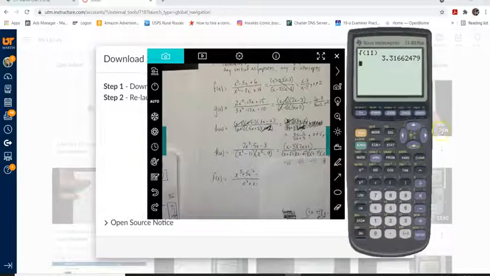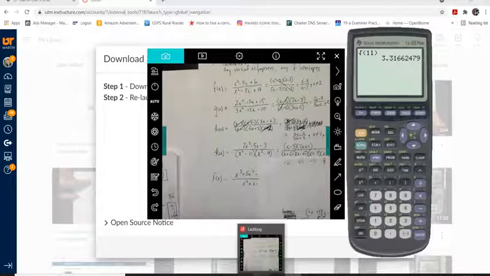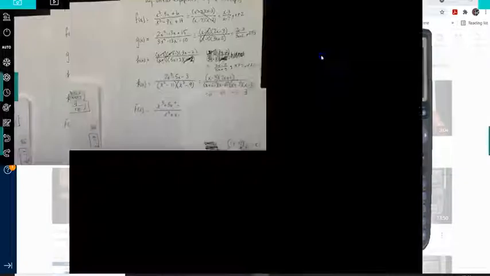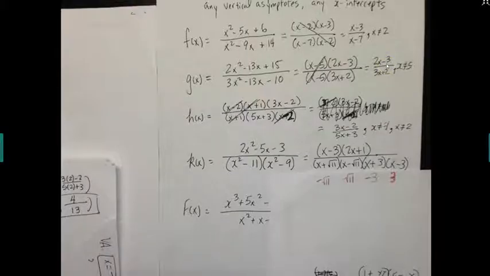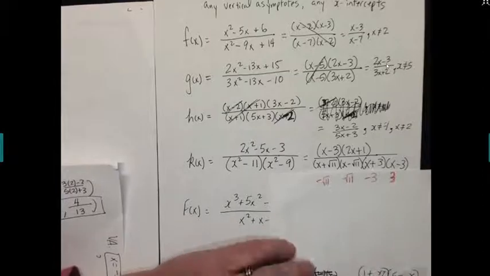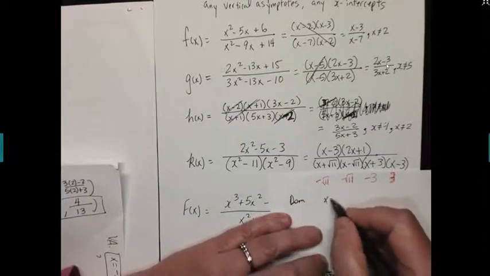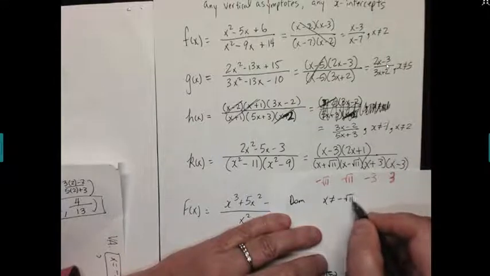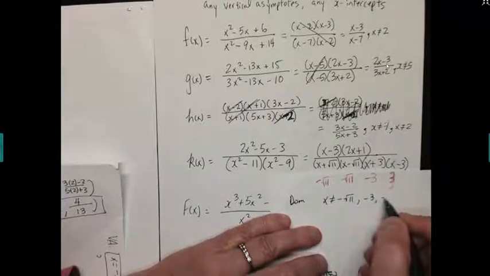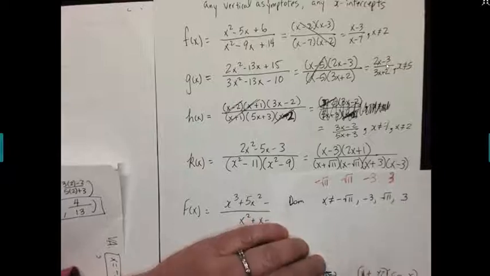So it's 3.3 something. Now I'm going to leave my answer as exact, but I just want to see where it is on a number line. So square root of 11 is a little bit bigger than 3. So on the number line, so my domain, x is not equal to negative square root of 11, -3, positive square root of 11, and 3.